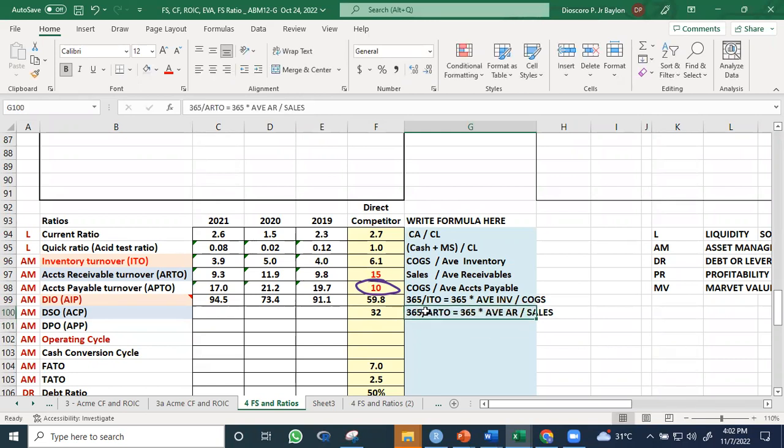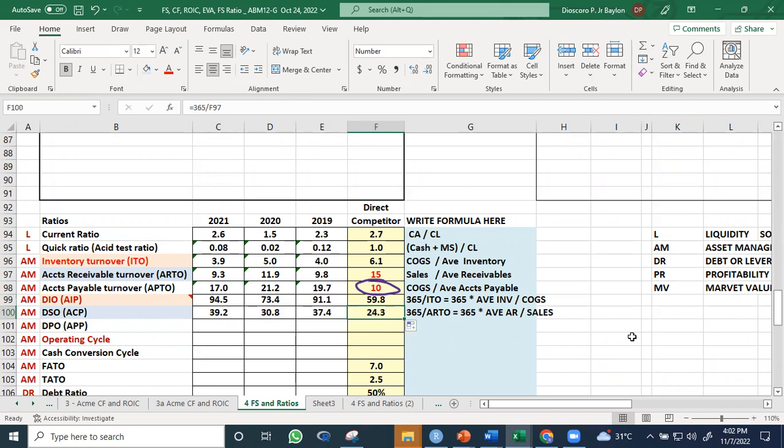Yan ang formula niya, no? Sige. Pwede nating i-copy pababa. Copy natin pababa to. There.